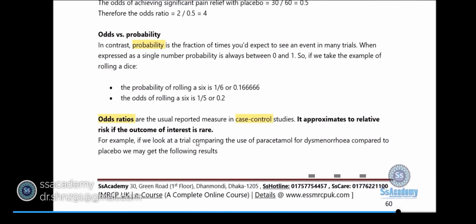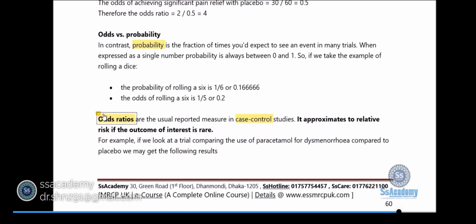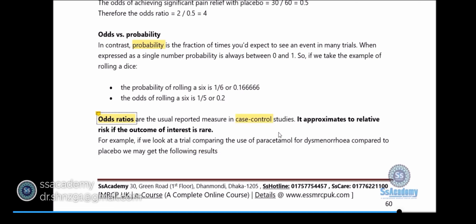So what I'm saying, my dear, one of the important boxes that I need to remember: odds ratio is needed for the case control study. Case control, so OR is the case control study.